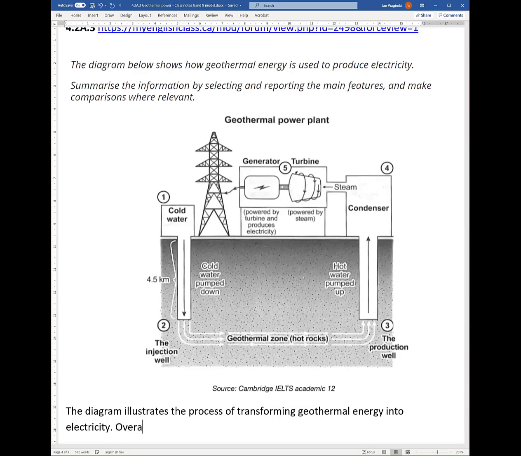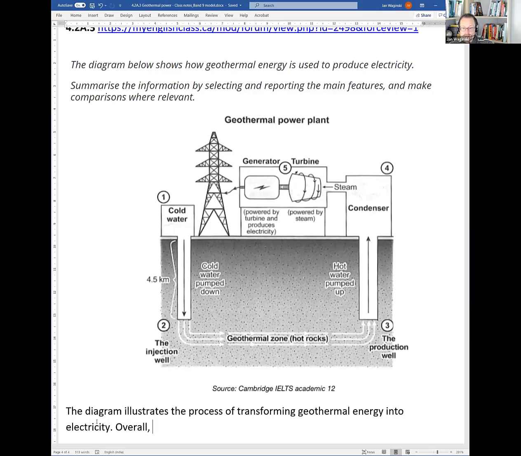But here the process, okay, it should be 5 stages, no, maybe 3 stages, maybe 5. I still have to find out, you know, the cold water pumped down, right? But there is a hot water pumped up. So how many big stages could you chop this into? I have a problem with the process. Well, don't overthink it.